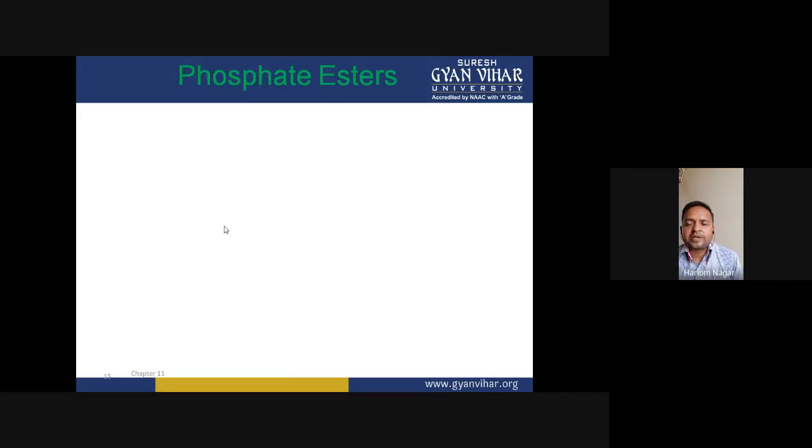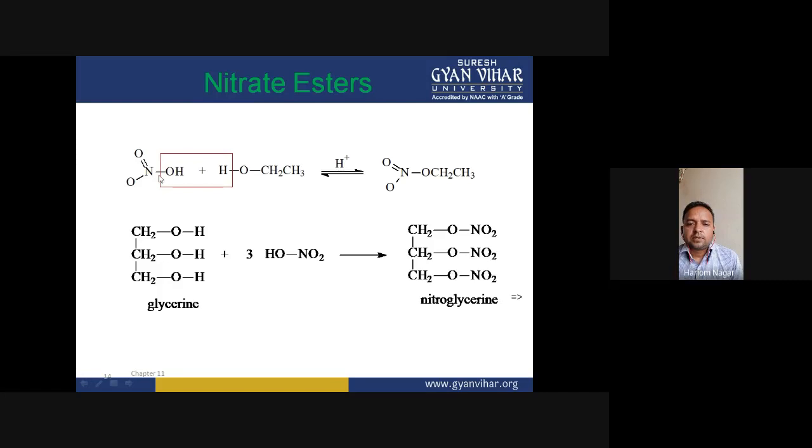Now the formation of nitrate ester. Here nitric acid, HONO2, when reacted with alcohol in the presence of sulfuric acid, produces nitrate ester. This is the nitrate ester here. The NO2OR group is present, which is like a COOR ester group.